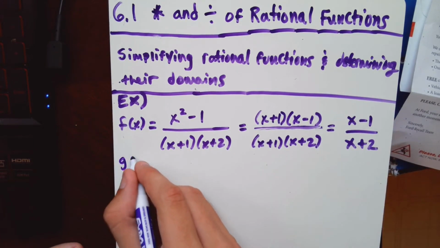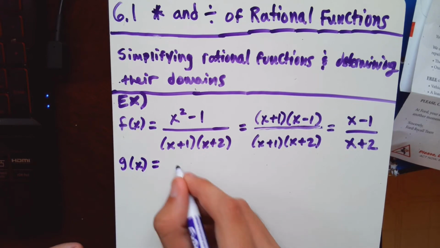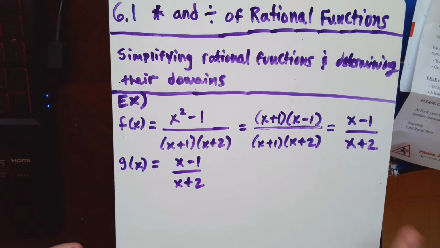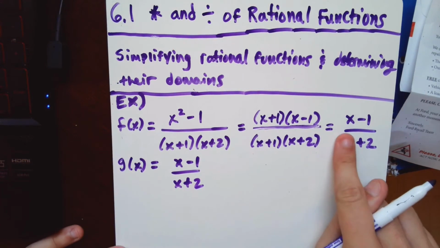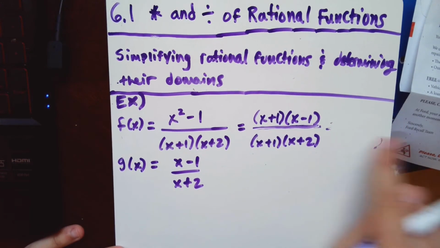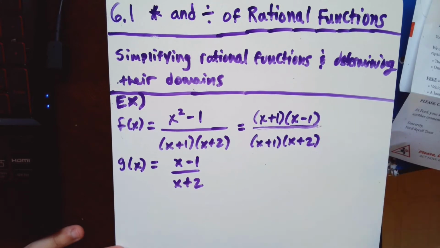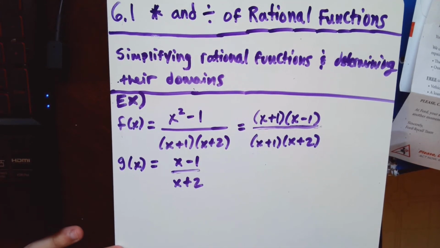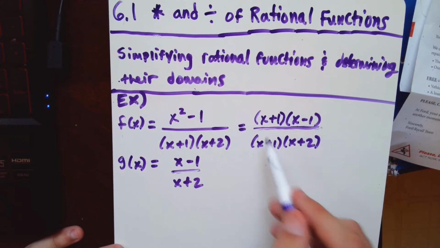Let's say that we have g of x is x minus 1 over x plus 2. So I'm going to erase this for now. But let's just suppose that we had another function g of x with this as its numerator and this as its denominator, x minus 1 over x plus 2. It's basically the simplified version of this, right?